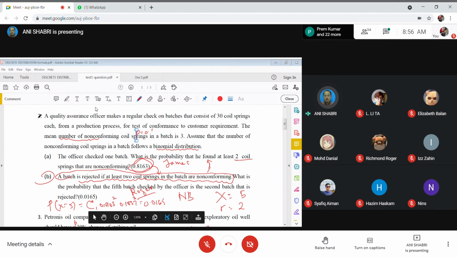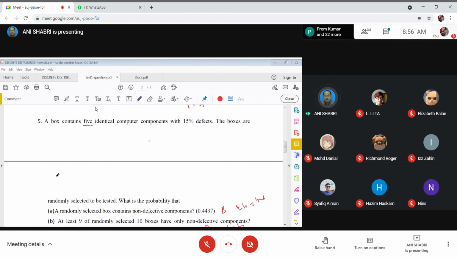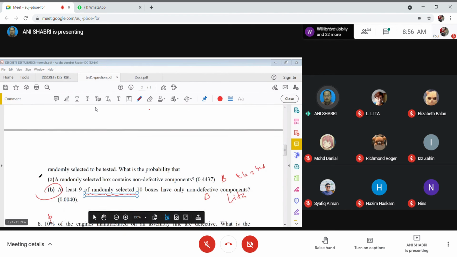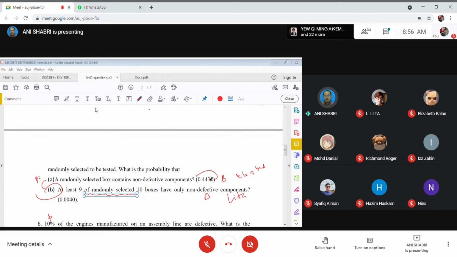This question number 2B is equal to question number 5. If you see number 5, it is almost like this one. To find the probability, normally using P from here, you get 0.443.